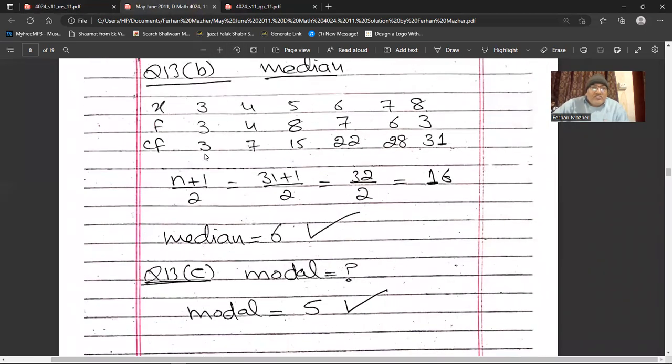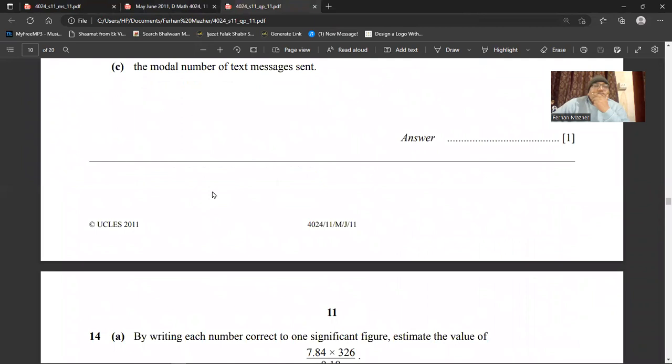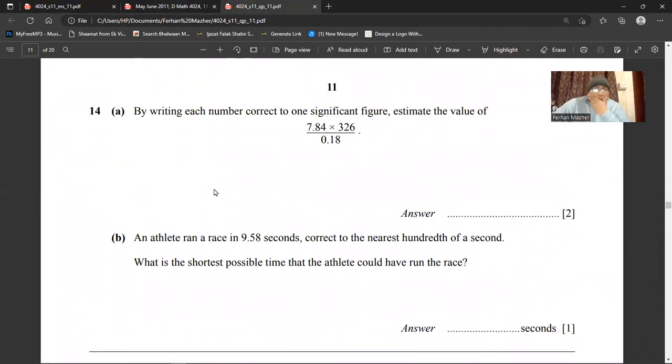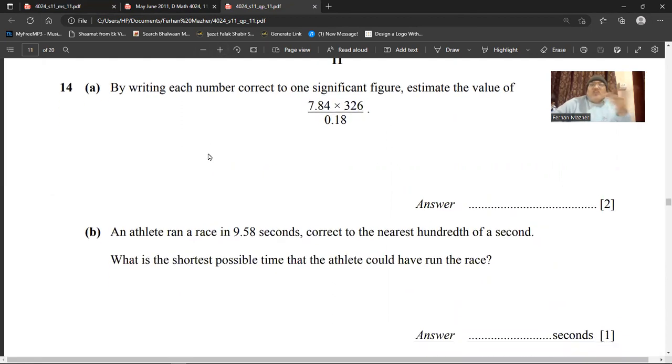And let me show you this. Okay, so question number 14, part A. He says, by writing each number correct to one significant figure, estimate the value of.